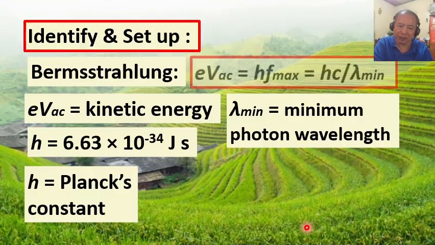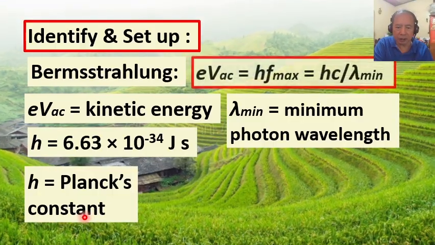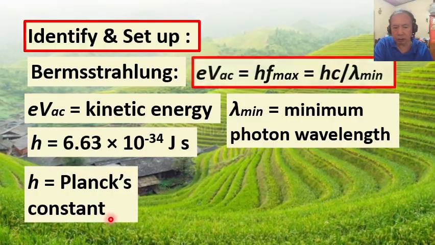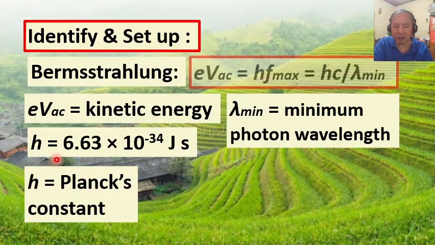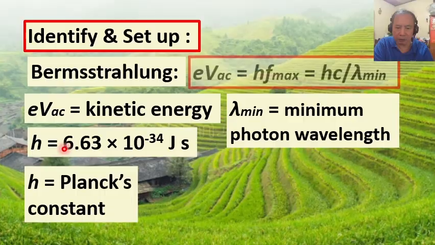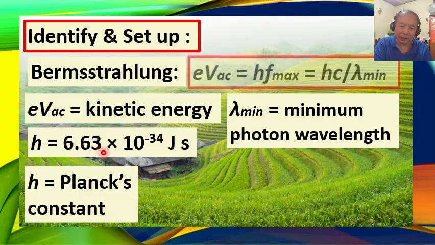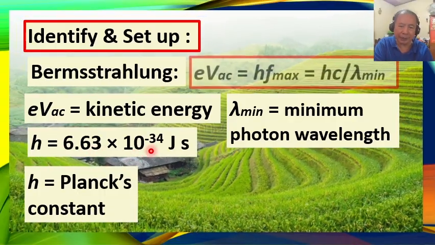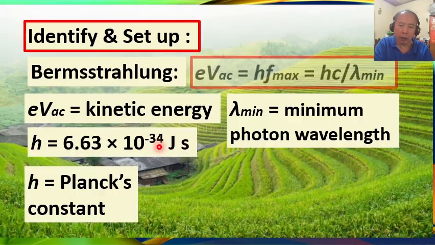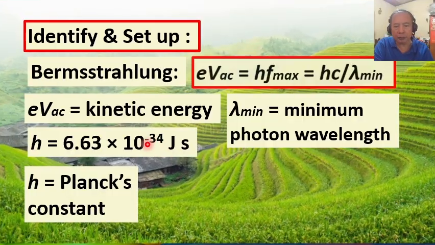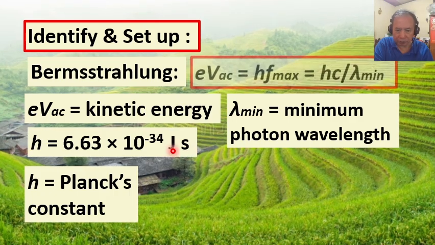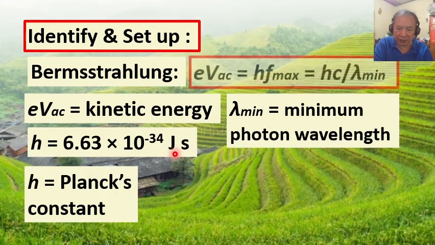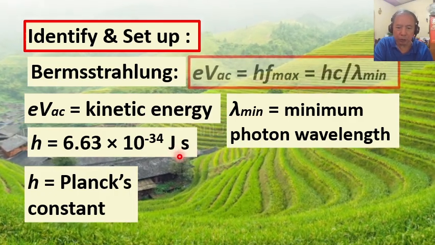While small letter h, of course, is Planck's constant, whose value in the SI system is equal to 6.63 times 10 to the negative 34th power joule seconds. So take note, the unit in the SI system is joule seconds.